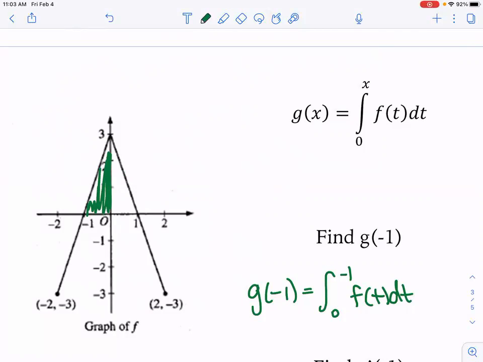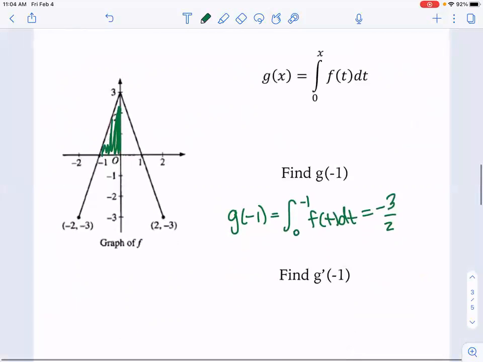It's above the x-axis, but we're going from 0 to -1. That's going to the left. So this is going to be -3/2. If we're going to the left, we have to negate whatever area we find. Okay.